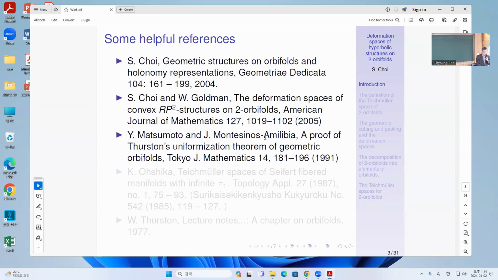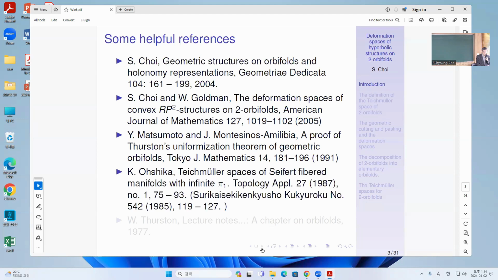So you can see the proof of this in this paper, and also Ushika did similarly. But I guess these differ a little bit from mine anyway. So not much, but then Thurston had originated this in the lecture notes chapter on orbifolds.